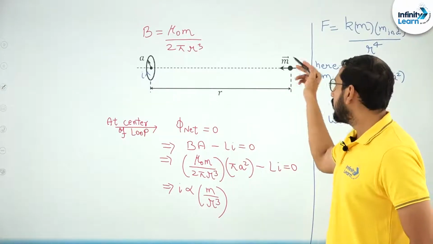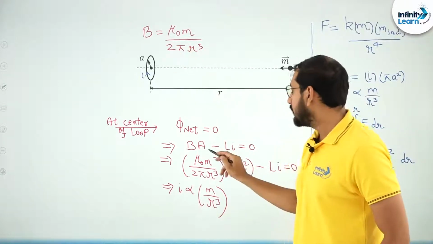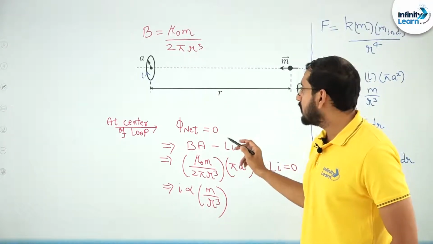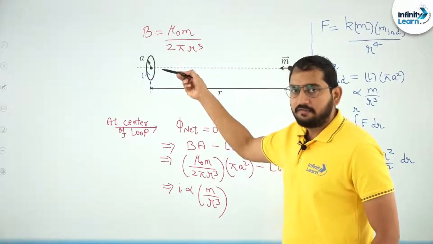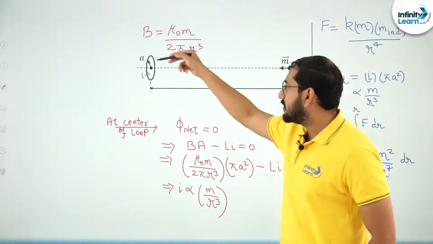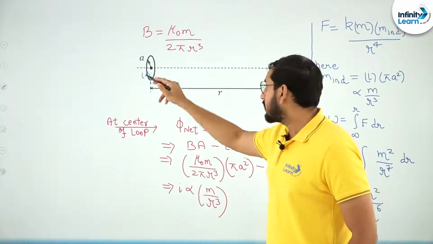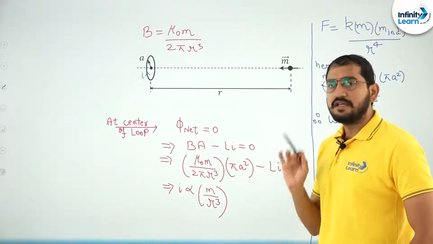Alright, now there will be two contributions of fluxes. One contribution from this dipole will be magnetic field multiplied by the area of this loop, right, and another contribution will be the induced current and its own magnetic flux, right. So the induced current I have taken as I. Let's say the self-inductance of this small loop is capital L. Alright, now we just need to plug the values.